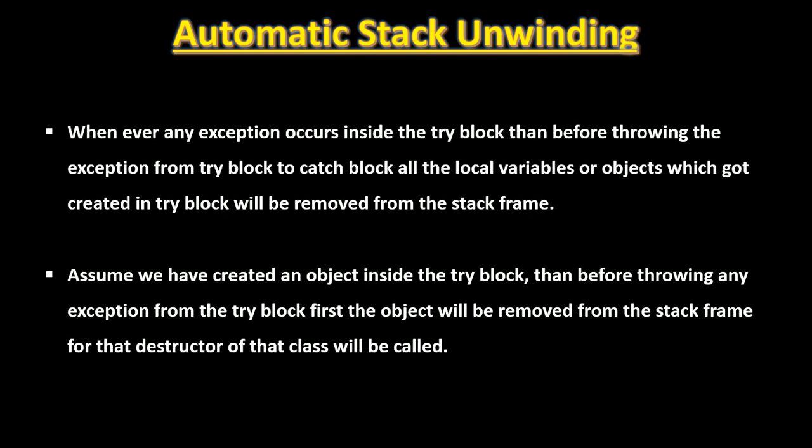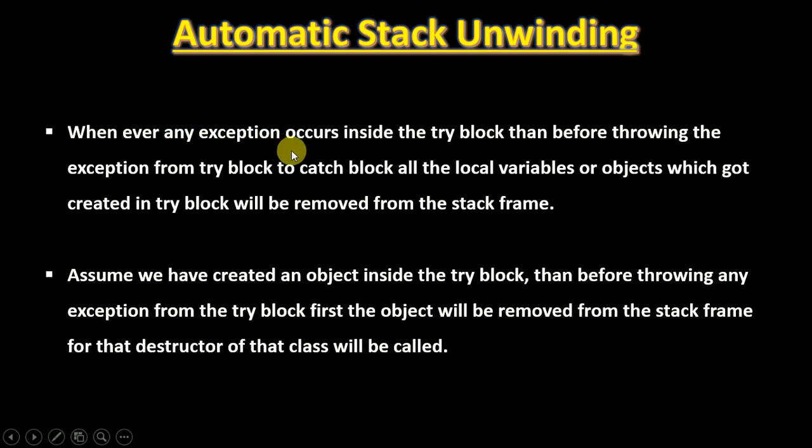Before those lines, you have created some local variables or maybe some objects, and there will be situations where, before coming out of the try block itself, you have encountered the exception and the try block won't execute completely. During that time, before throwing the exception, all the local variables or local objects which got memory inside the try block will be removed from the stack memory. Okay, so that's the concept of automatic stack unwinding.